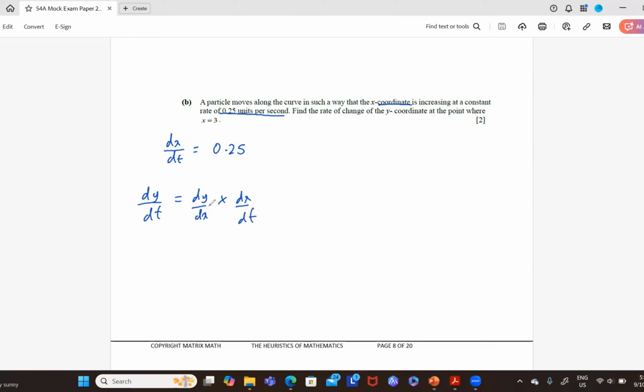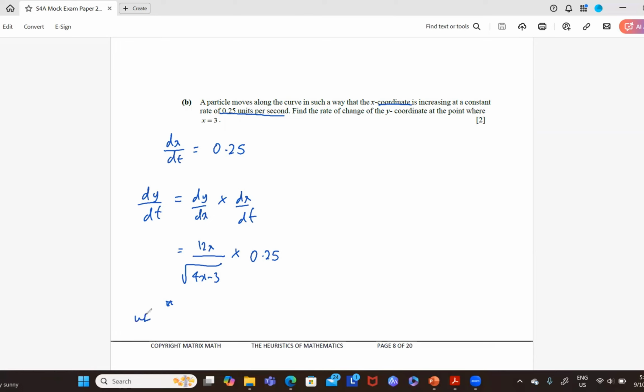Now we know what our dy over dx is. It's actually 12x over square root of 4x minus 3. And dx over dt is 0.25. Okay. So at the point where x is 3, replace x with 3.